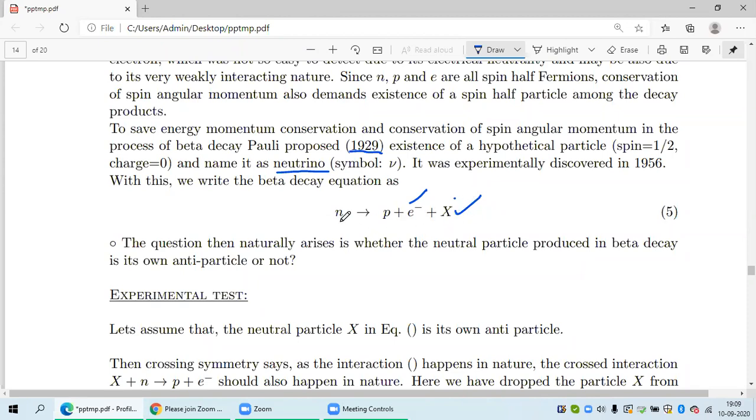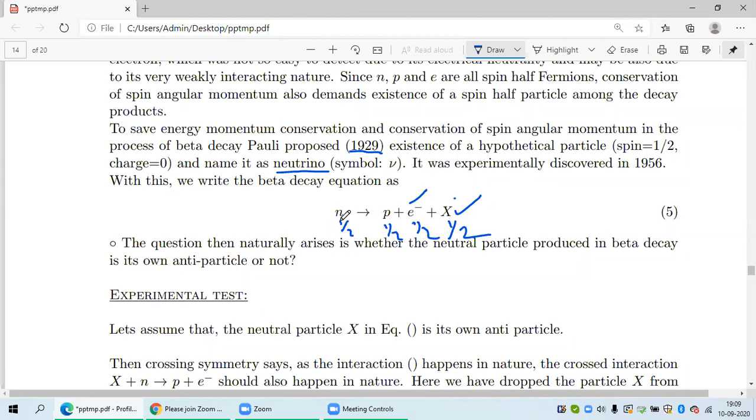Also, since the neutron has spin half, the proton has spin half, and the electron has spin half, if there are only 2 particles, spin conservation does not hold, because 2 half spins can give you 0 or 1, but the initial state has only half. So there must be at least 1 extra particle, which should be at least a half spin, a fermion. Then 3 halves can give you 1 half, because 2 halves can give 0 or 1, and 0 and half give half, and 1 and half can give half or 3 by 2.